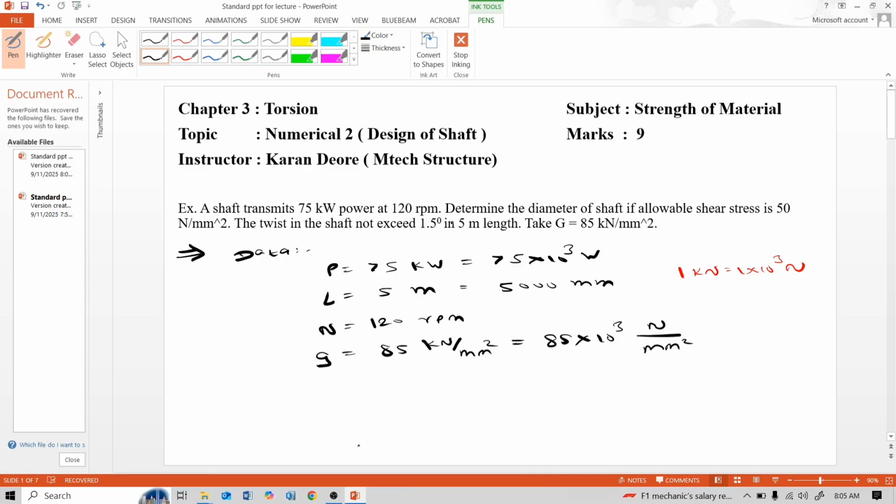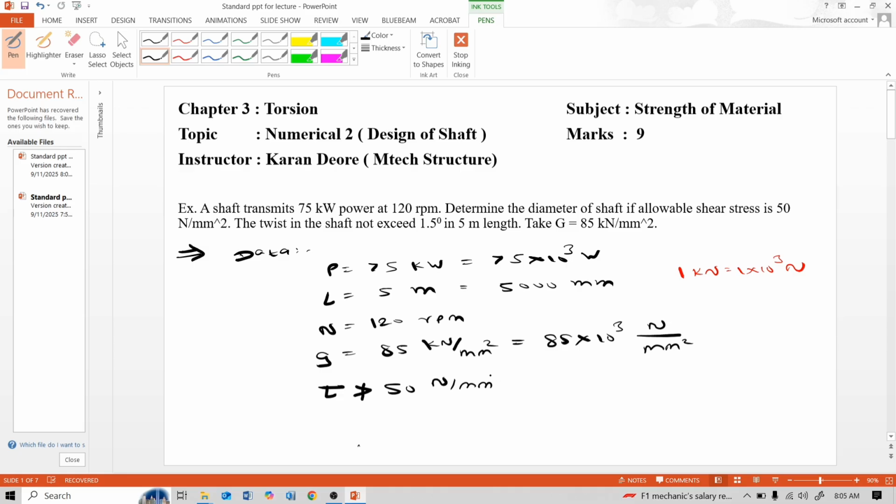The allowable shear stress is 50 Newton per mm square. That means the shear stress does not exceed 50 Newton per mm square.